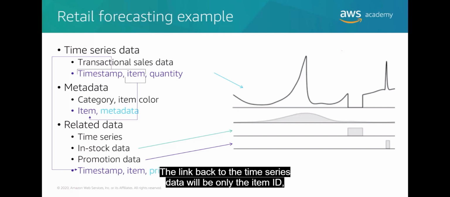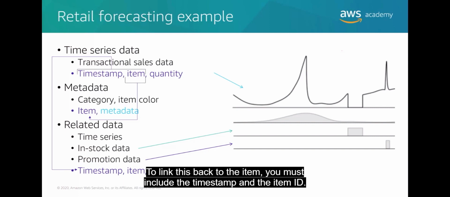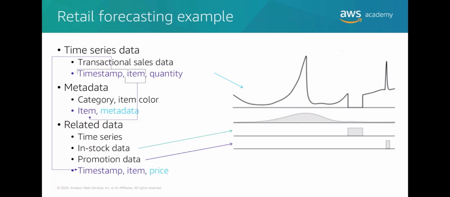The link back to the time series data will be only the item ID because item metadata typically doesn't change. Related data for creating a more useful forecast could include the sales price or other promotion data. To link this back to the item, you must include the timestamp and the item ID.